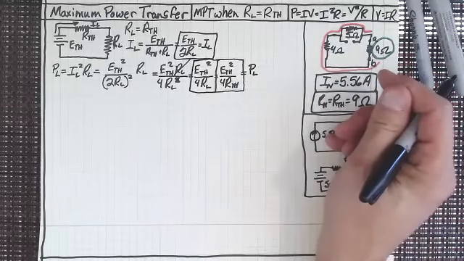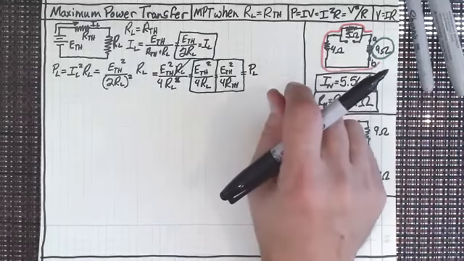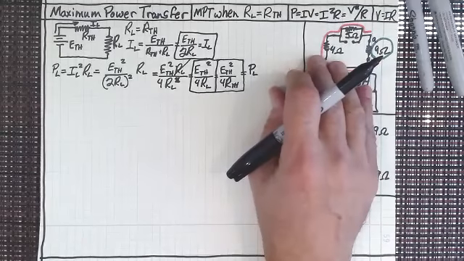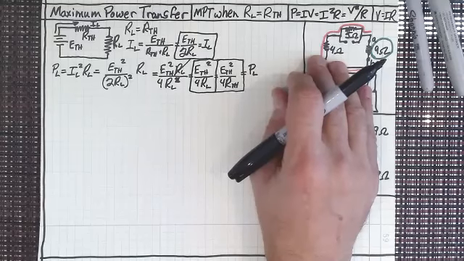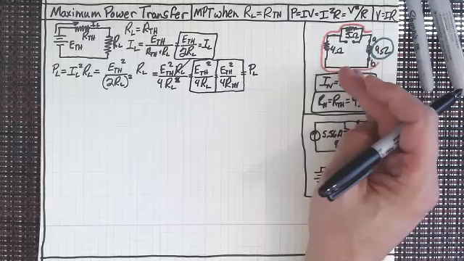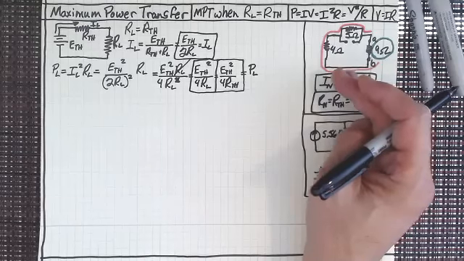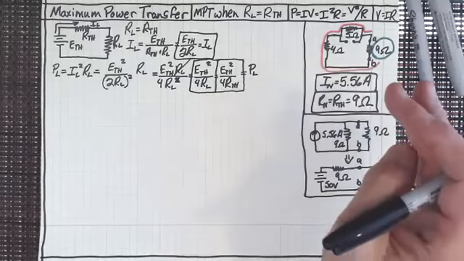What if we solved it not for I sub L, but we solved it for P equals V sub L squared over R sub L, V squared over RL, right?